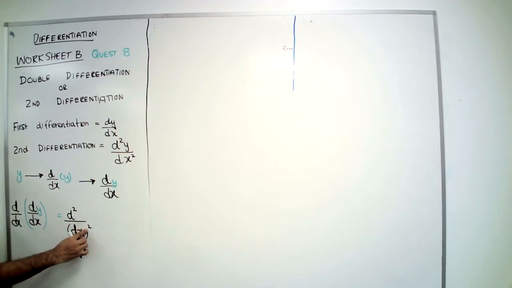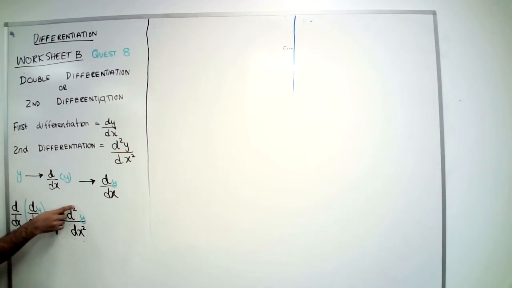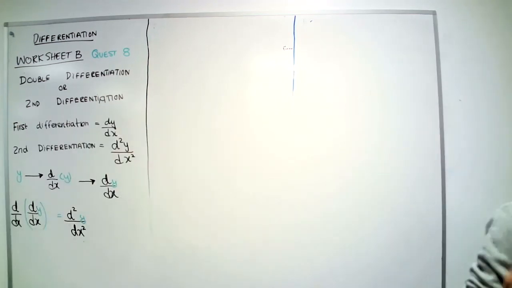Rather, we just put the square only on the x and the y as it is. So this is the second differential. If you see d squared y over dx squared, that means you have to find the second differential of an equation. Now, let's have a look at some of the questions.